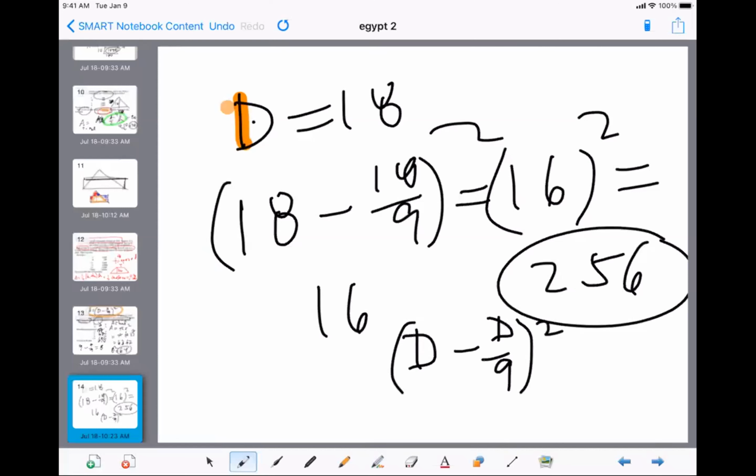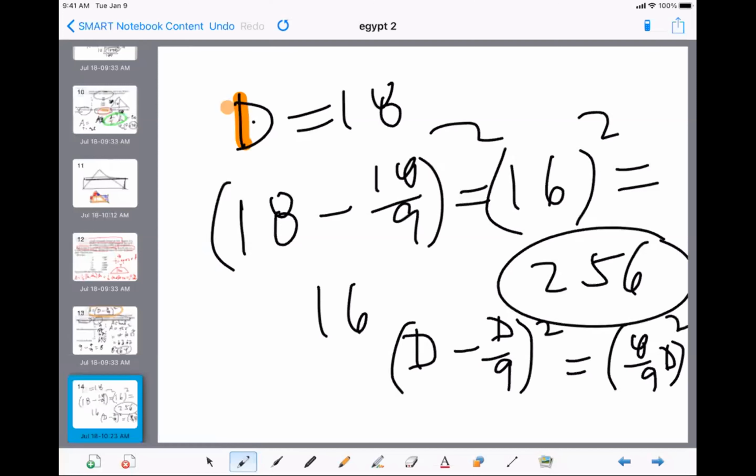Some people I see combine these and say 8 ninths d squared. I personally don't like that. If you say that formula is 8 ninths d squared, you'll get the same answer, but you're losing something.